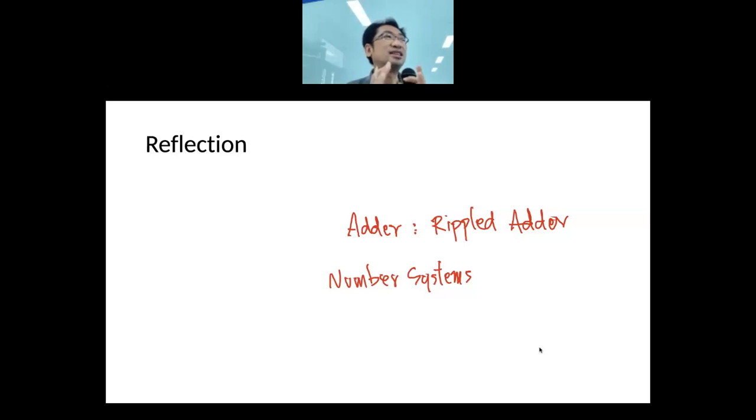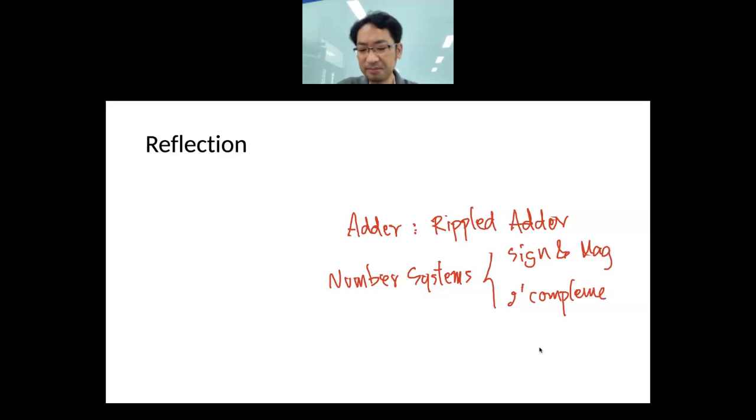There are so many number systems, but we talked about only 2 types, which are sign magnitude and the 2's complement, right? In sign and magnitude, it can be signed and unsigned numbers.